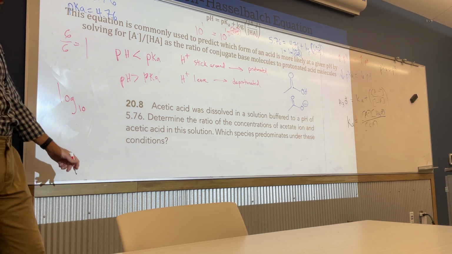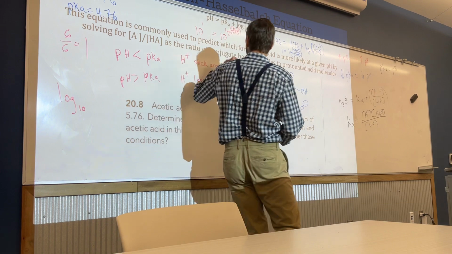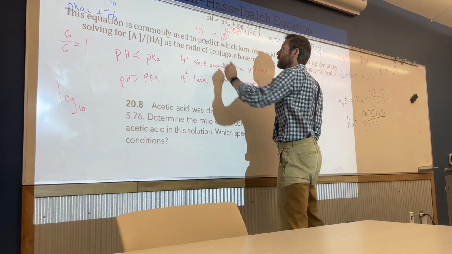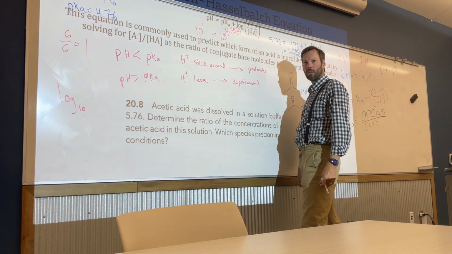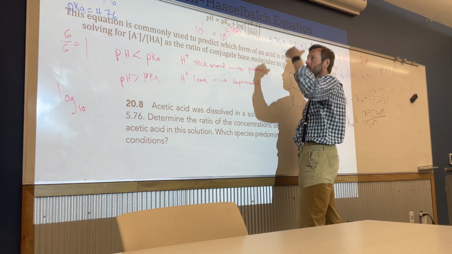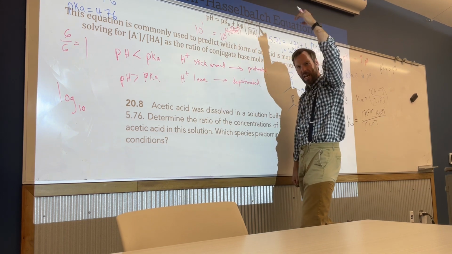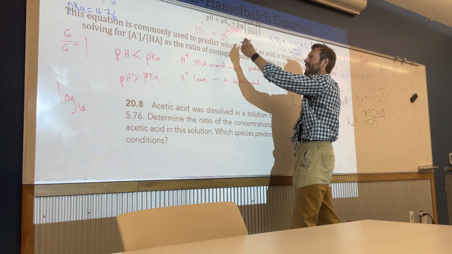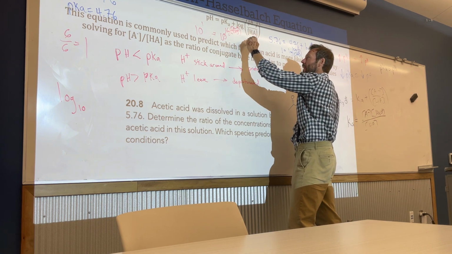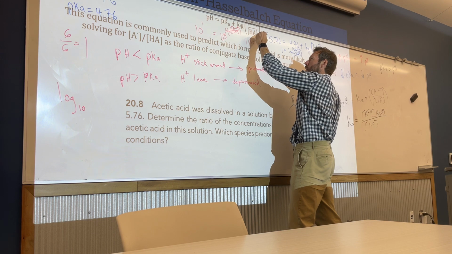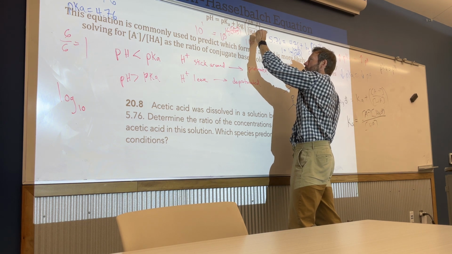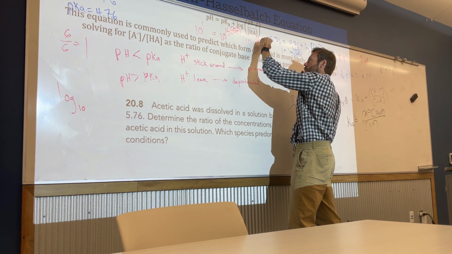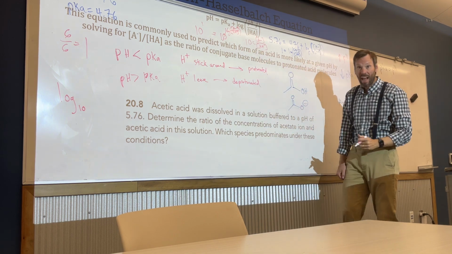So we end up canceling that out. 10 to the base of 10 is 1. So what this all means is that 10 equals A minus over HA. That's the ratio.